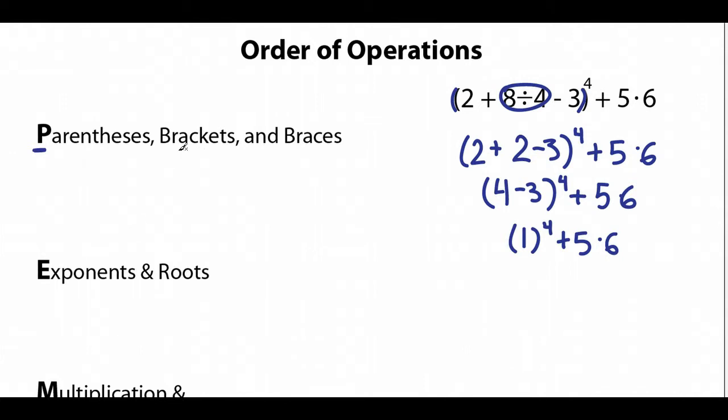parentheses, now we go on to the next one and we look at exponents. So we say, okay, 1 to the 4th power is 1 times 1 times 1 times 1. 1 times 1 is 1, times 1 is 1, times 1 is 1. So all we're left with is 1 plus 5 times 6.